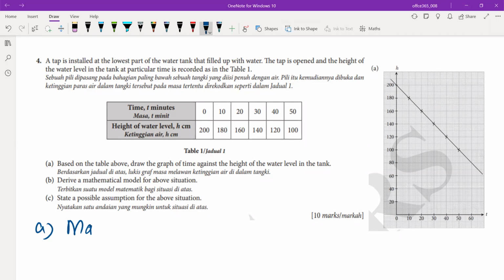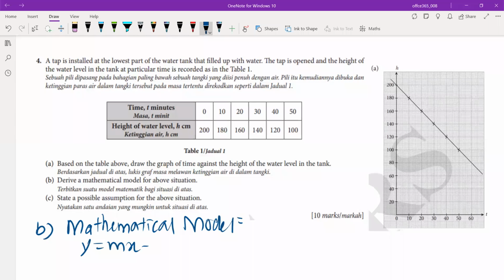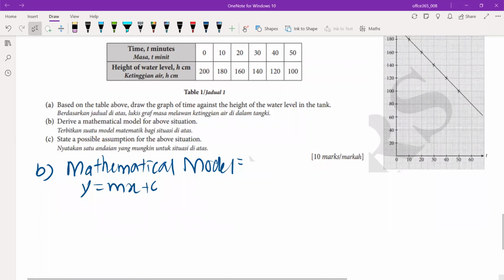Okay, for a mathematical model, you can relate y equals mx plus c. So in this situation, you have to find the gradient, and then the y-intercept also.